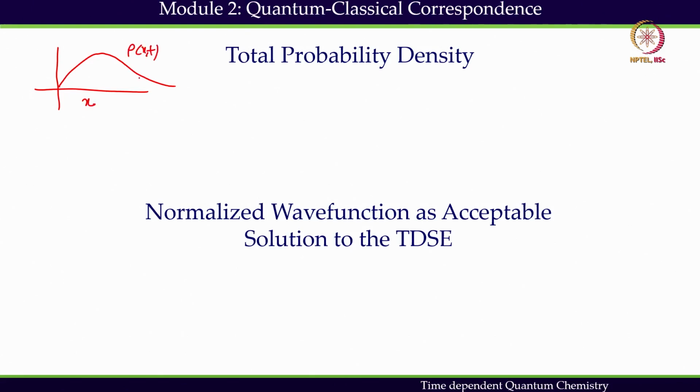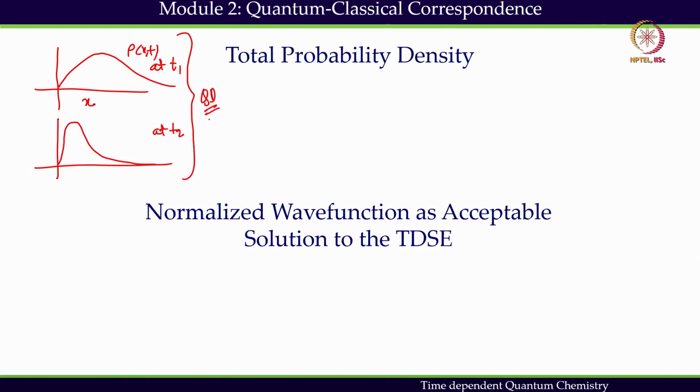And in quantum dynamics, this probability distribution should change as a function of time. So this is at t equals 1 and this is at t equals 2, the probability distribution function, let us say this. When there is a change in the probability distribution function as a function of time, then only do we get quantum dynamics.